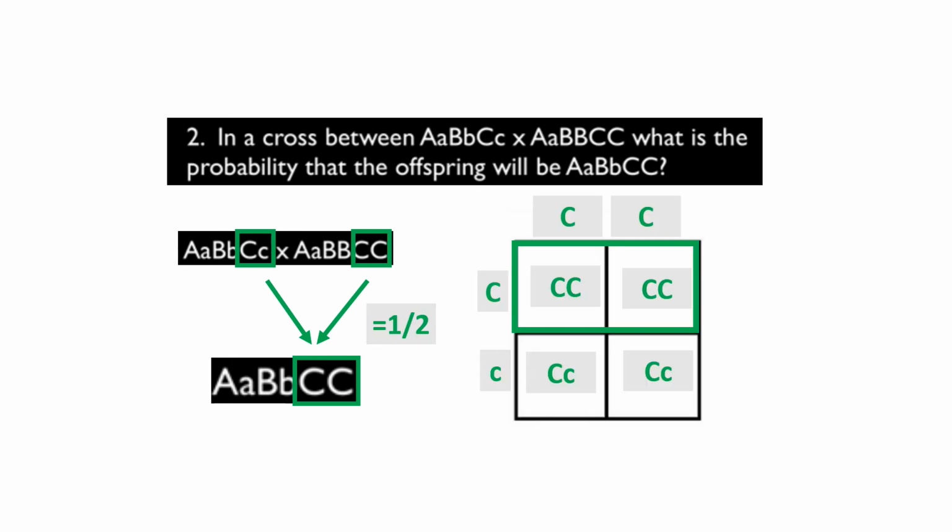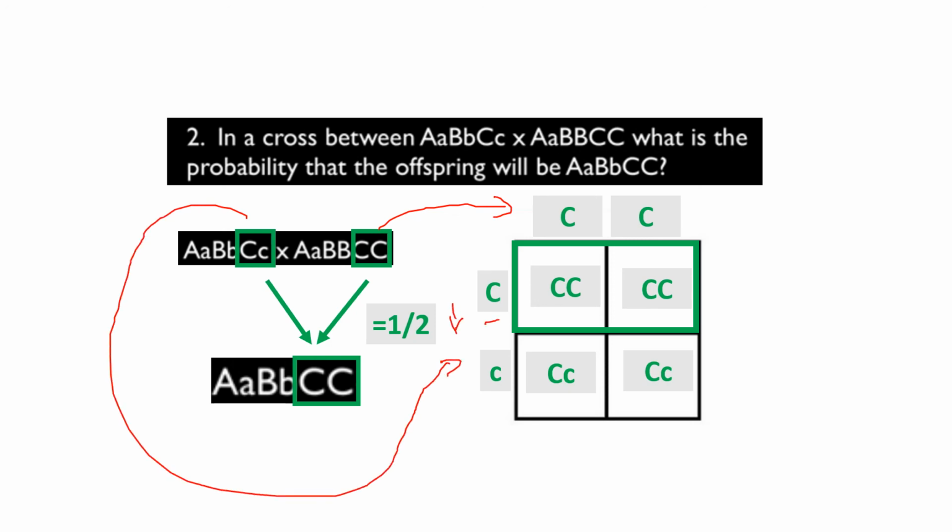If you have any doubt, you again make the square: this is for this one, this is for this one, heterozygous here, and homozygous dominant here. So you get 50-50% chances. Super easy.